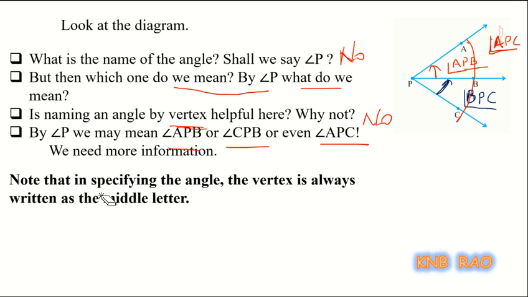Note that in specifying the angle, the vertex is always written as the middle letter. While writing the three letter notation, you should remember that the vertex of the angle should be written as the middle letter. Okay, now coming to the next.